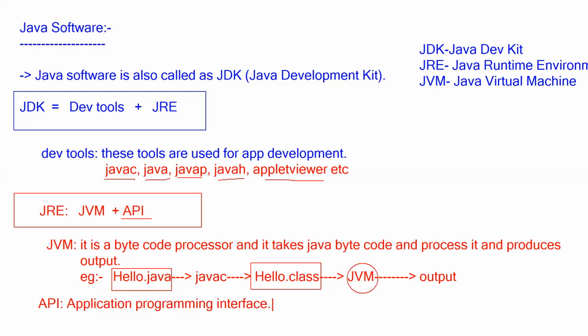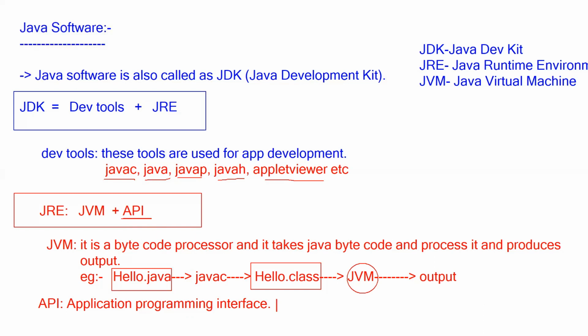A Java developer needs to develop different types of applications like web applications, database applications, and standalone applications. So for any type of Java application, if you want to develop it, you have to understand these APIs. We will learn more about API in the coming sessions also.